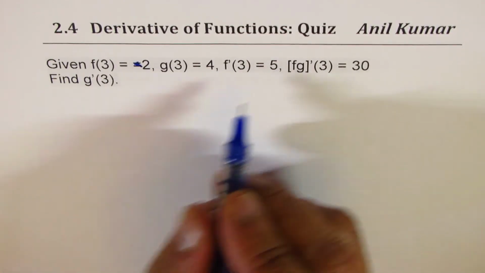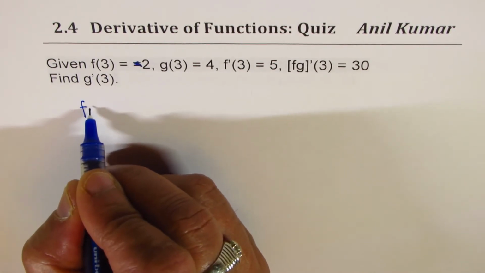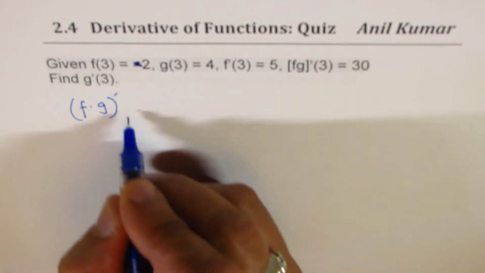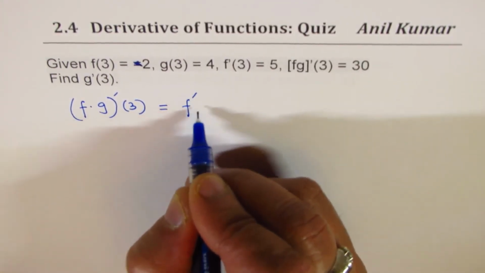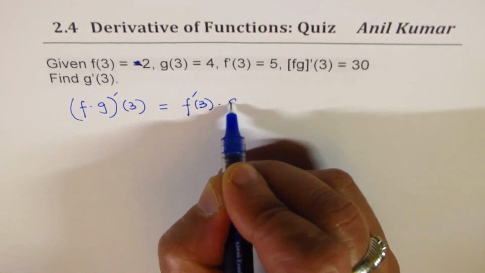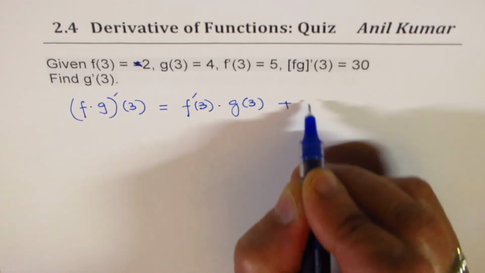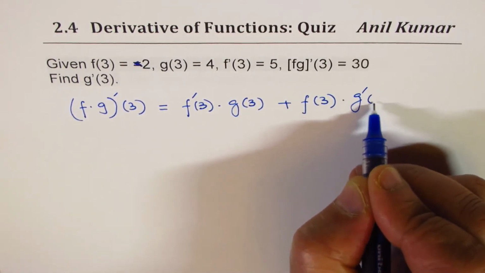So what we are given here is also the derivative of the function. So when I say f times g, right, derivative at 3, that should be equals to derivative of f at 3 times the value of function at 3 for g plus f of 3 times derivative of g at 3, right?